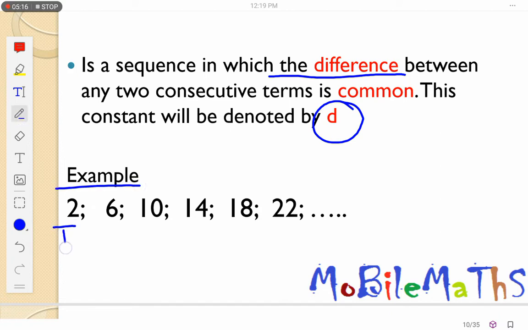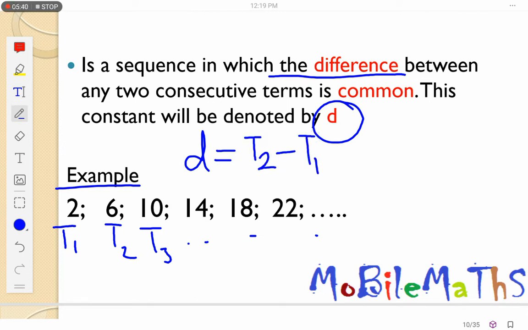I've got term number 1, term number 2, term number 3, and so on. We get our common difference D as term number 2 minus term number 1. That's how we get our common difference.